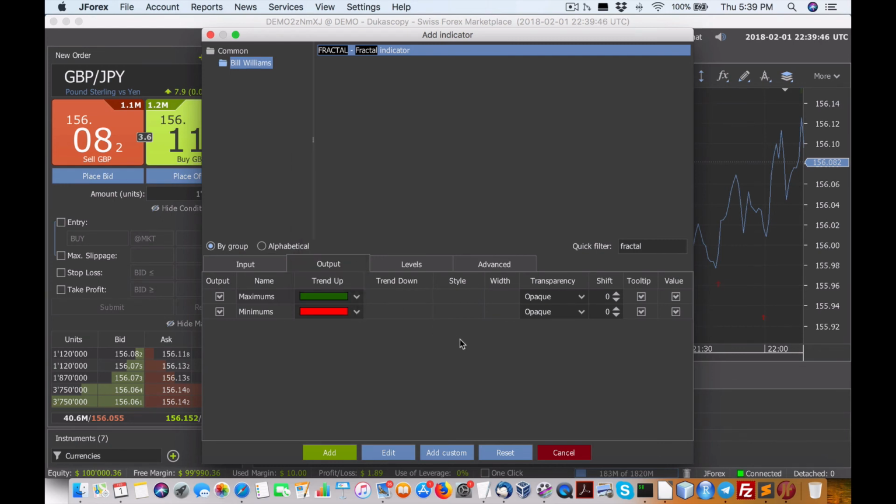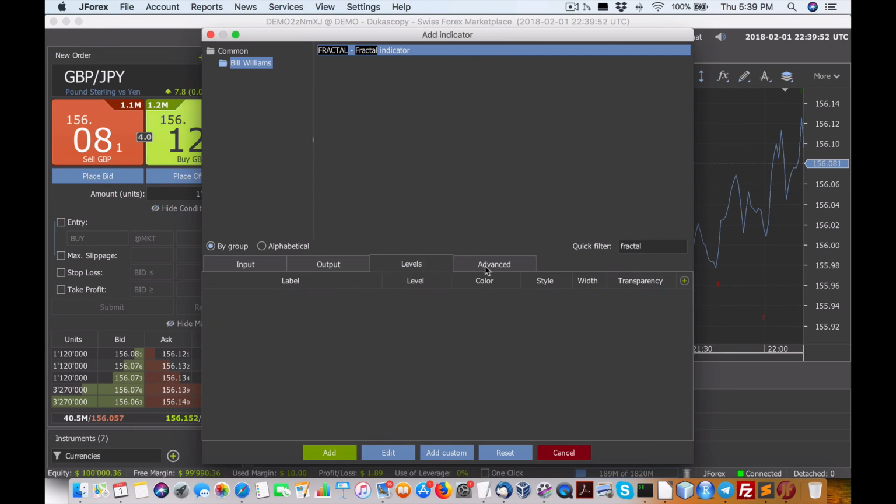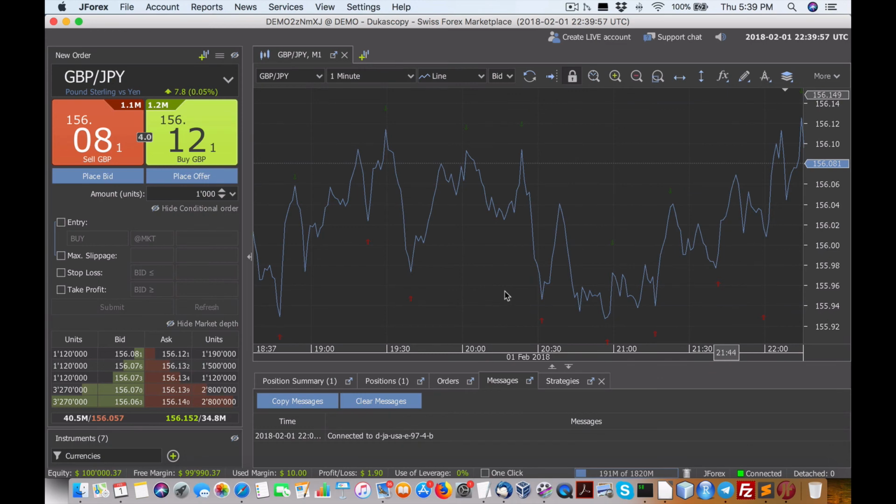And then just change red to green. Looks like there's no style that you apply. Okay, add, and let's see what happens.